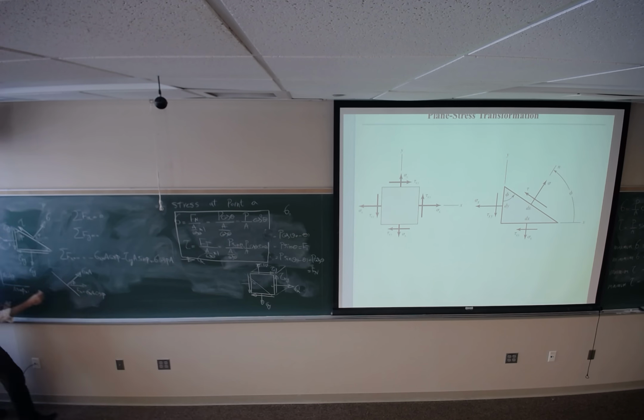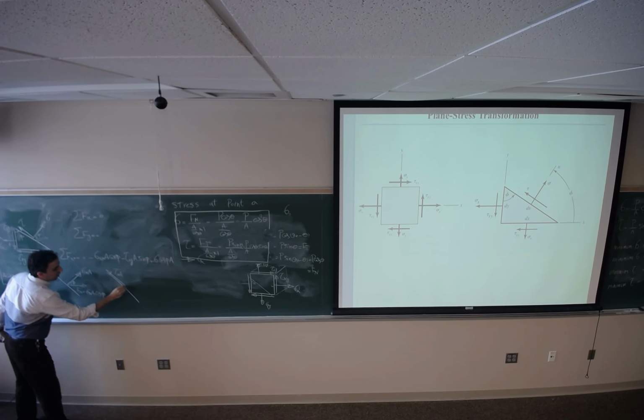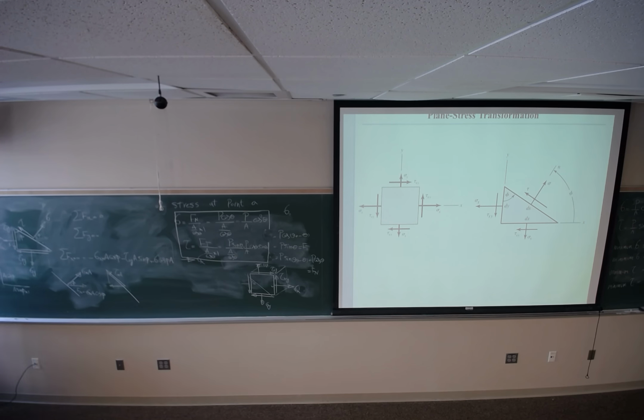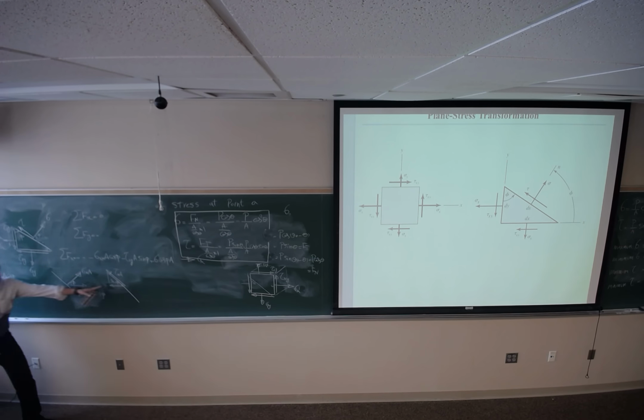Tau. The magnitude is tau times A. But we are looking for its projection in x direction, which is going this direction. So this angle is 90 minus phi. We can show easily how to get 90 minus phi.